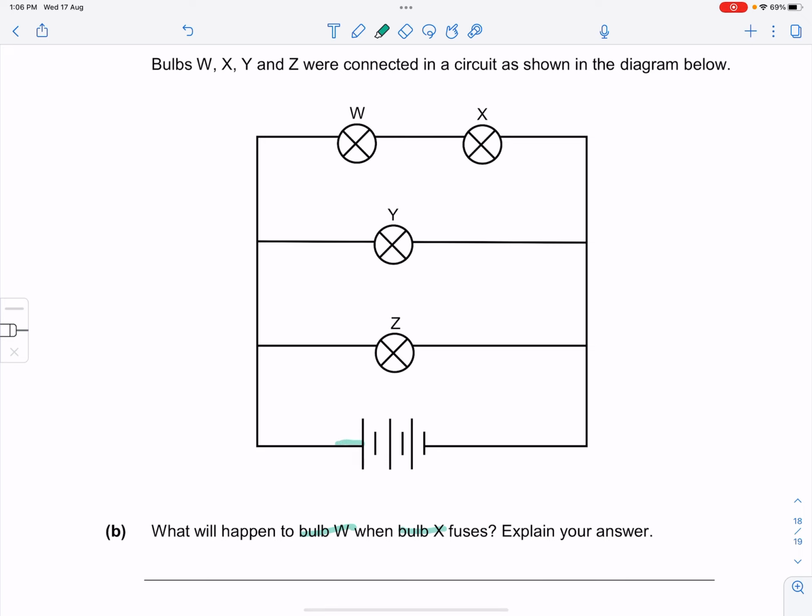So from here, where's W? W is here. Because W and X are arranged in series, when one fuses, it will cause an open circuit for the other.